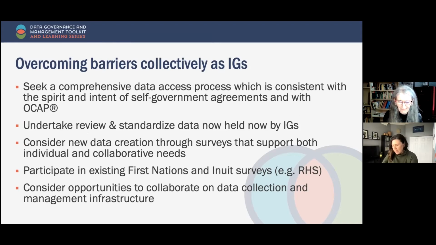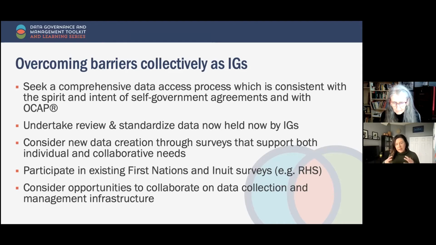So, we just thought it was important again, to just emphasize that there are a number of issues and barriers that you're going to face when you're trying to pull data about your citizens from external government data sets. I also think there's a couple of ways to address these barriers. One is this amazing work that the IGs are doing as a group collectively.